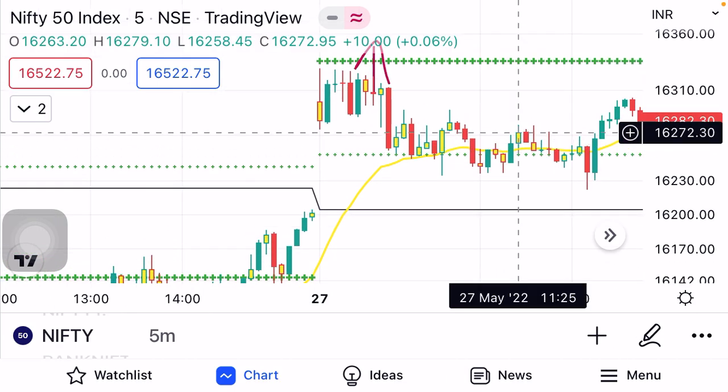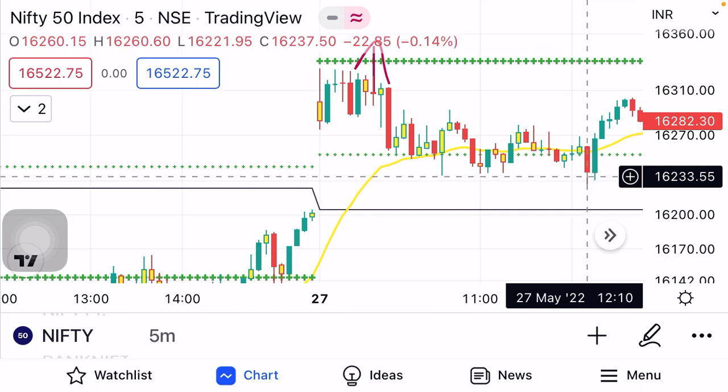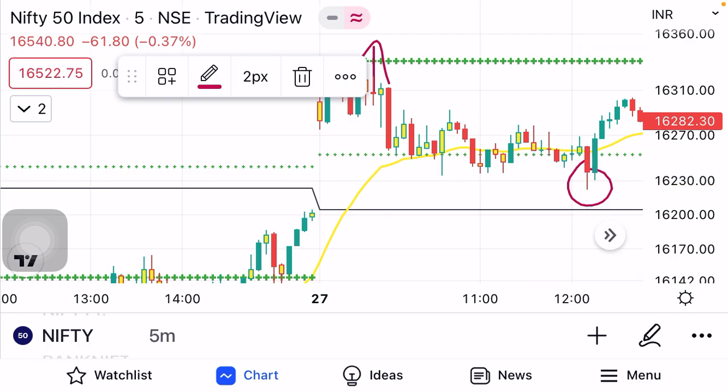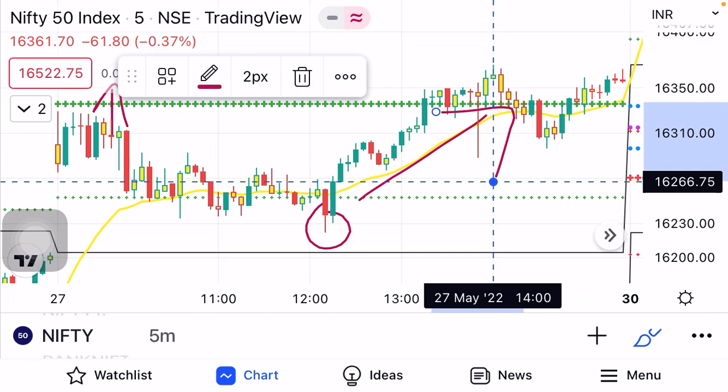See, if you entered at this point, your stop loss will get easily hit here, no problem. Though our direction is right, your stop loss will get hit. Just because your stop loss gets hit, you should not change your mind, you should not change your indicators, you should not change your discipline.